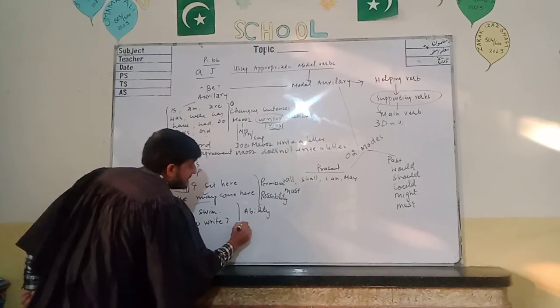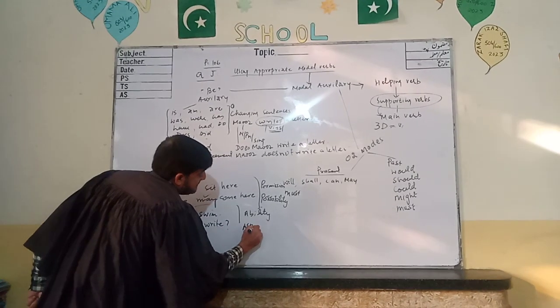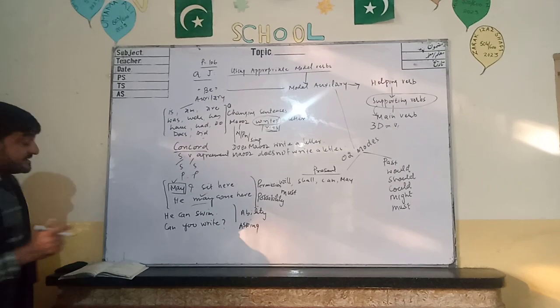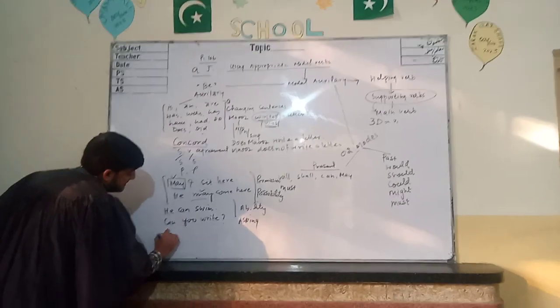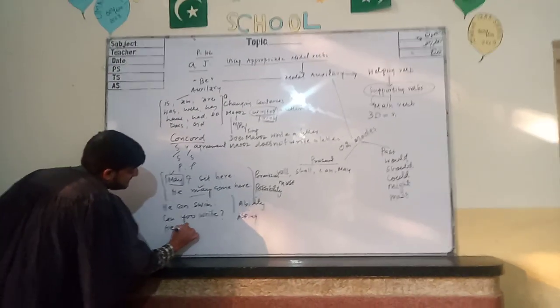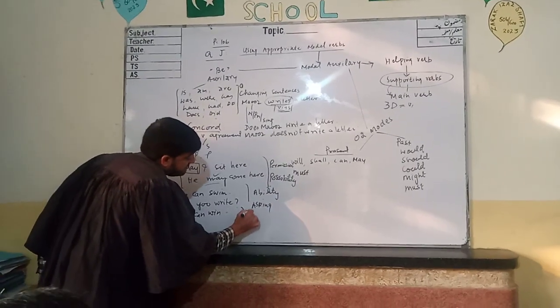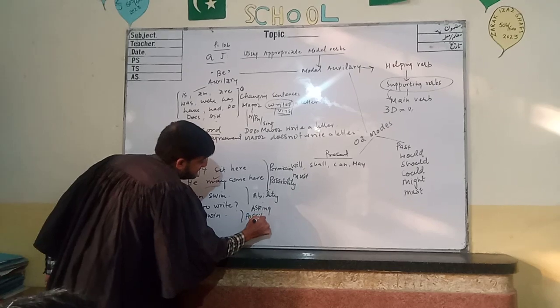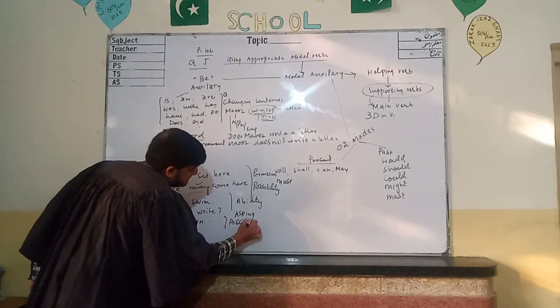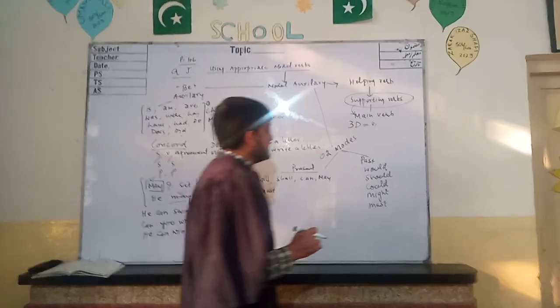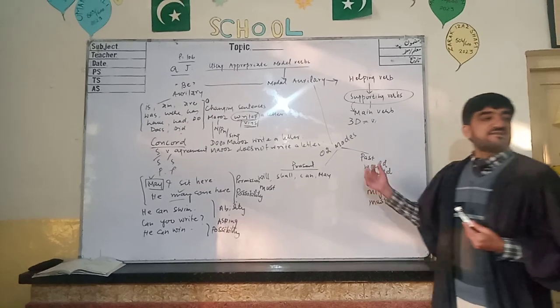So it is used for asking. Then, he can win. It is used for possibility. So these are the different roles played by modal auxiliary.